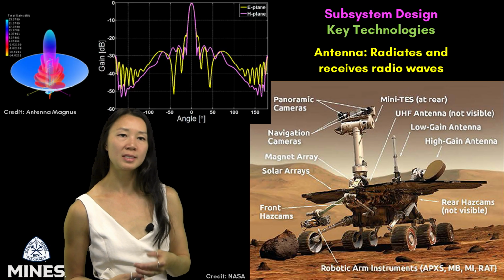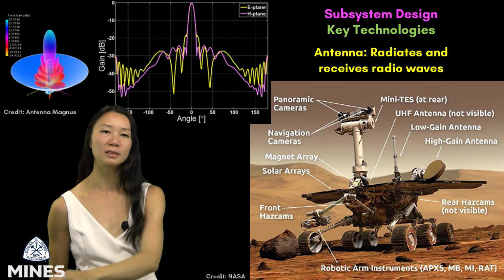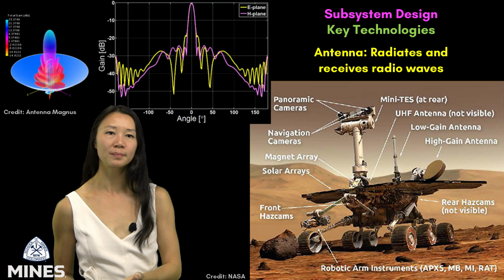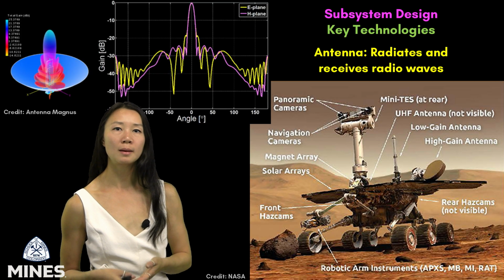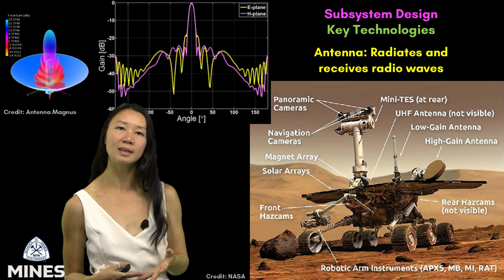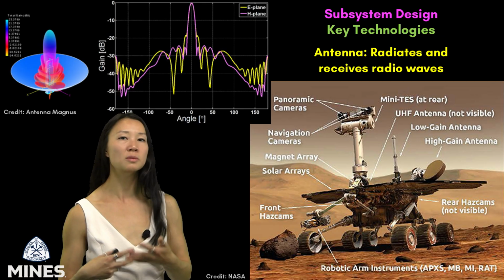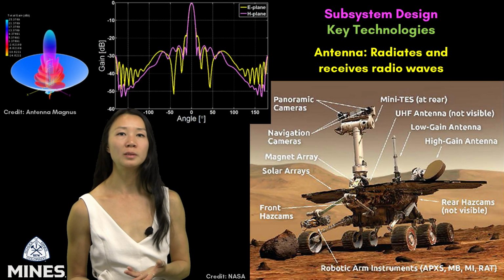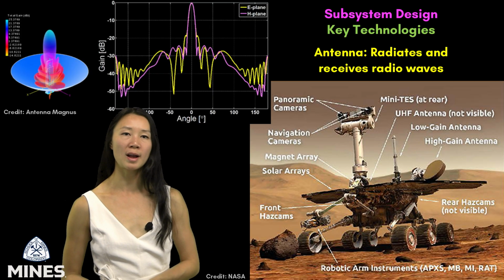The gain, or dB, on the y-axis shows how efficiently this antenna directs power. For high-gain antennas, we aim for a very narrow, high-gain main lobe to achieve high data rates over long distances, but this requires precise pointing to align with the Earth. Lower-gain antennas would show a much broader, less directional pattern.